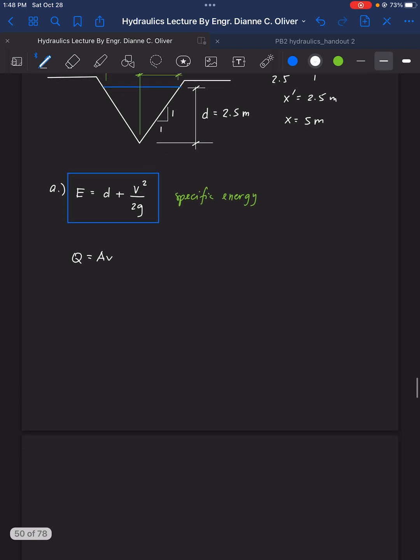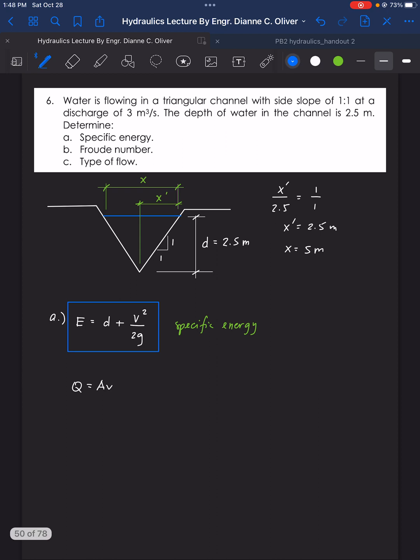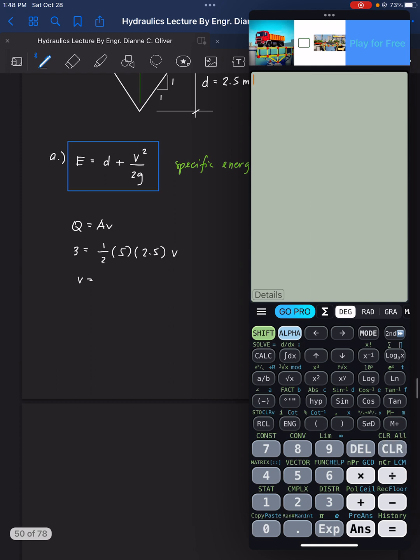So Q equals AV, our Q here is 3 cubic meter per second. So 3 is equal to the area, 1/2 times the base 5 times the height 2.5 meters, and then the velocity. So velocity is now equal to 0.48 meter per second.